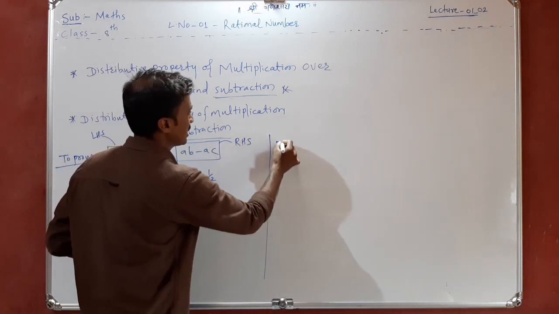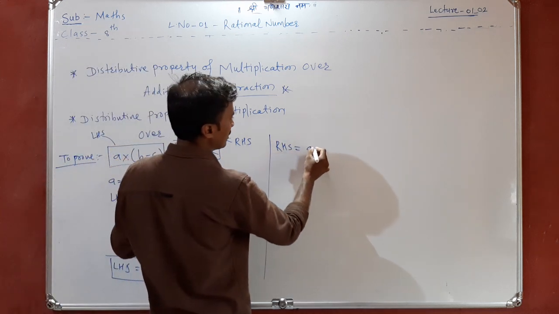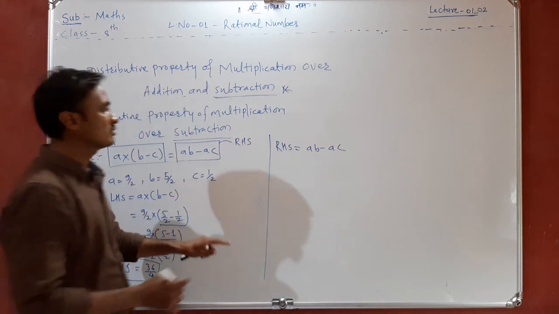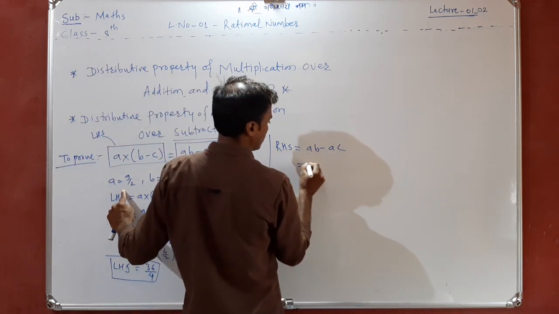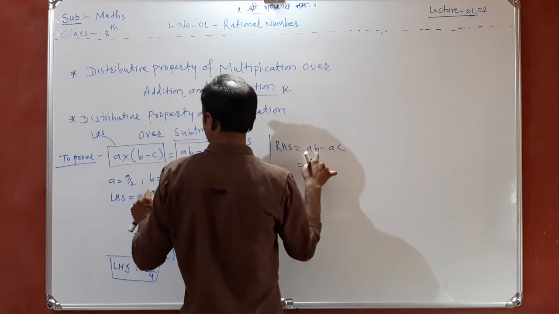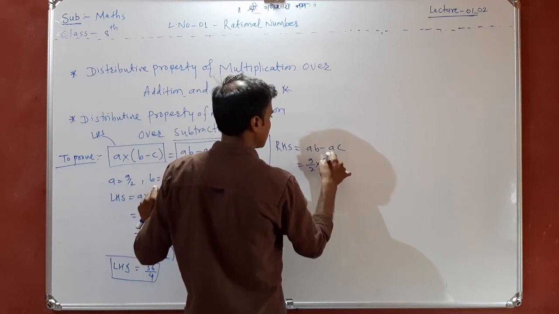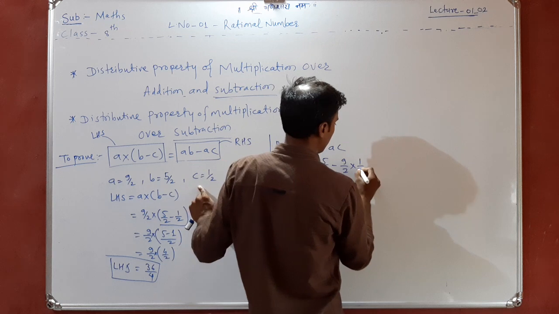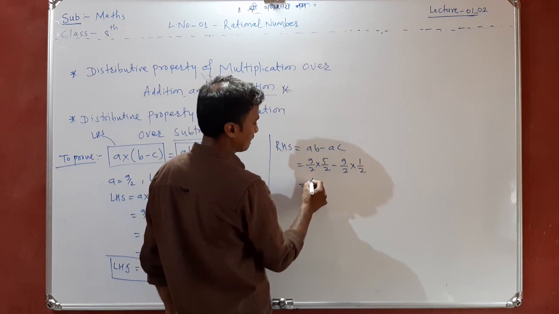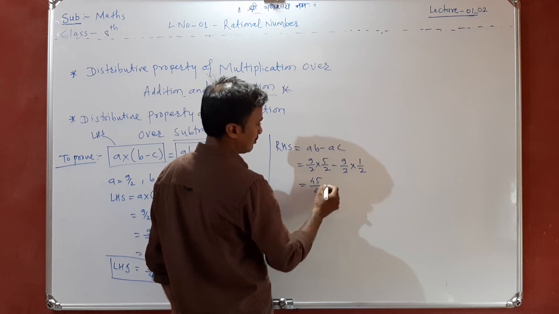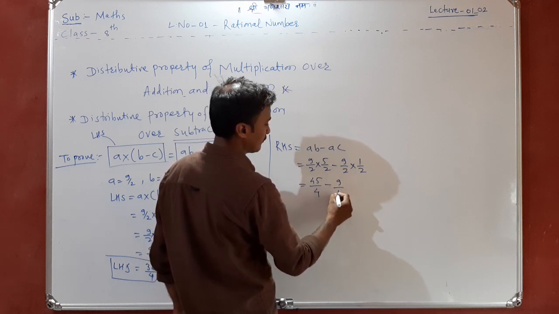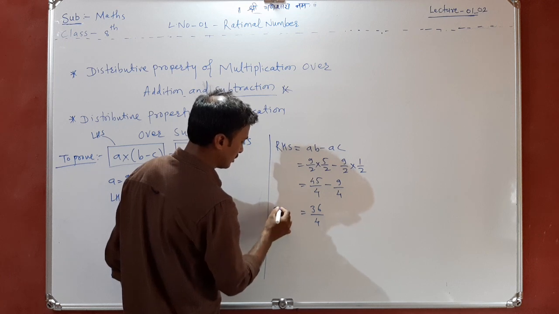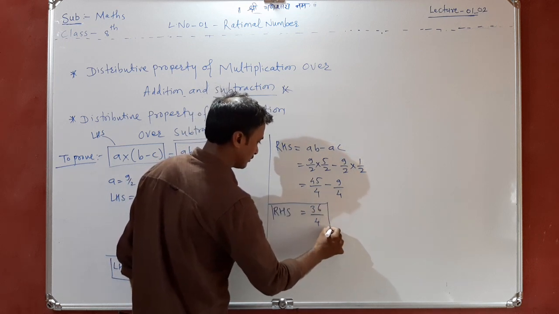For RHS, RHS is equal to AB minus AC, hence again the same values A, B, C. Now say here A means 9 by 2 multiplied by B means 5 by 2, minus A, the value of A is again 9 by 2 multiplied by C means 1 by 2. 9 5s are 45 upon 4 minus 9 upon 4, means here we are getting 36 upon 4, means this is RHS.